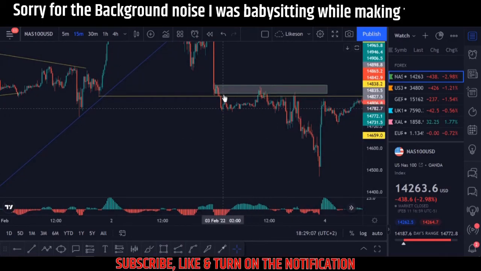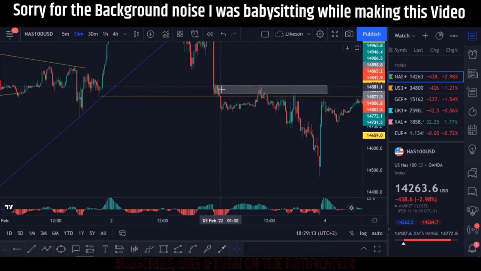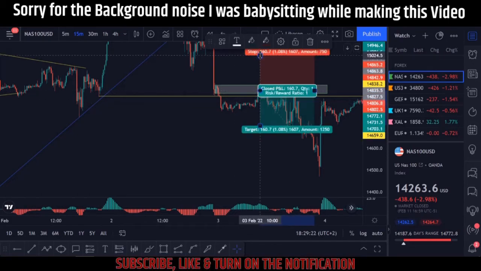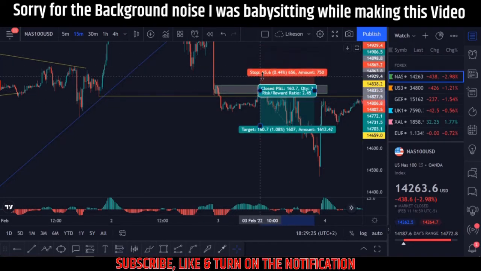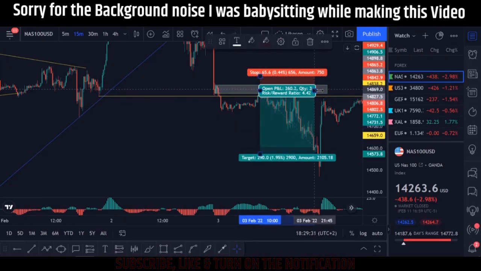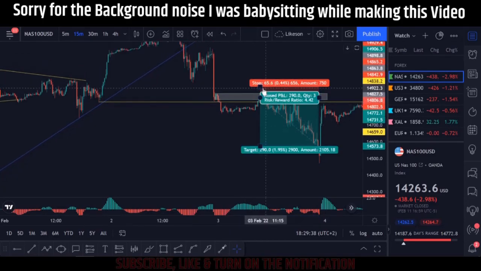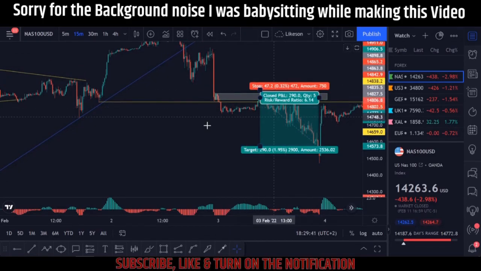So it broke out, then it went back into our order block, right? So we sell here, and then you have that, and then you grab that. Just try to reduce your risk. Always reduce your risk, guys.